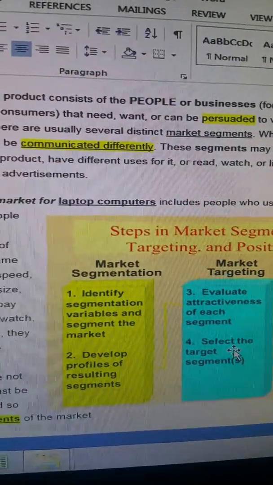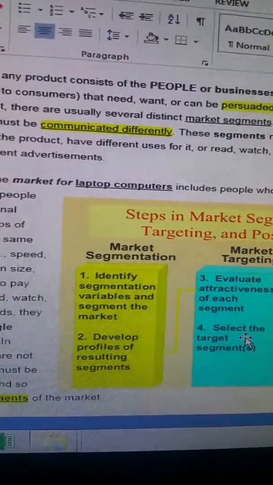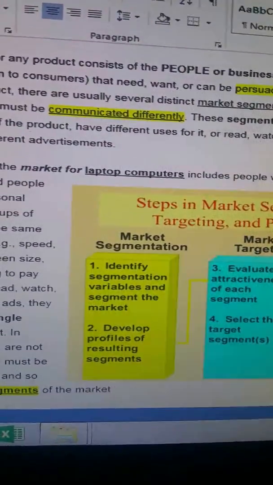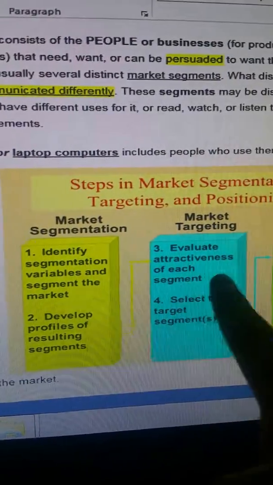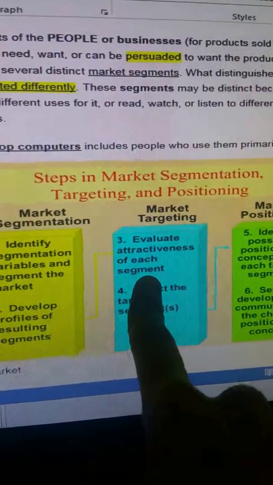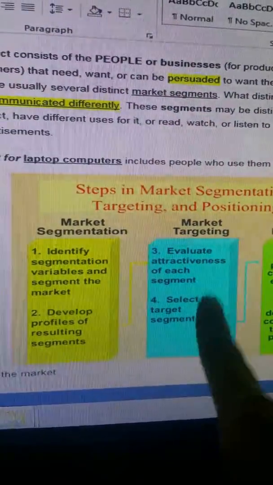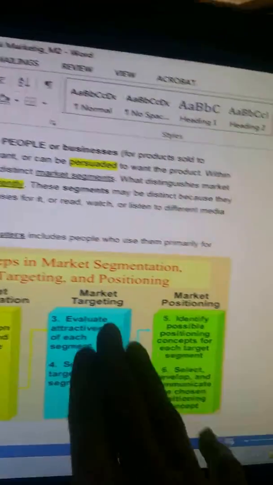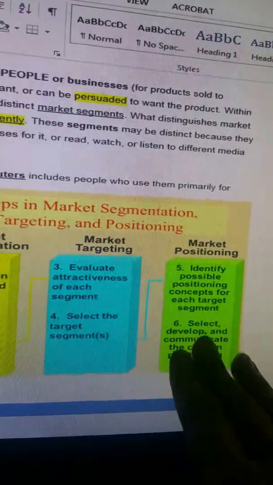We evaluate how attractive each segment is for my product or my service. Maybe I need to adapt at this point. Already here, I might want to adapt my product if I decide, okay, this is my target market. So we select that, and the last part is the positioning.